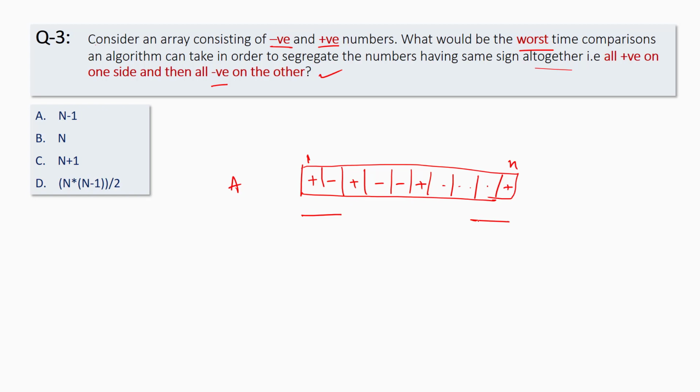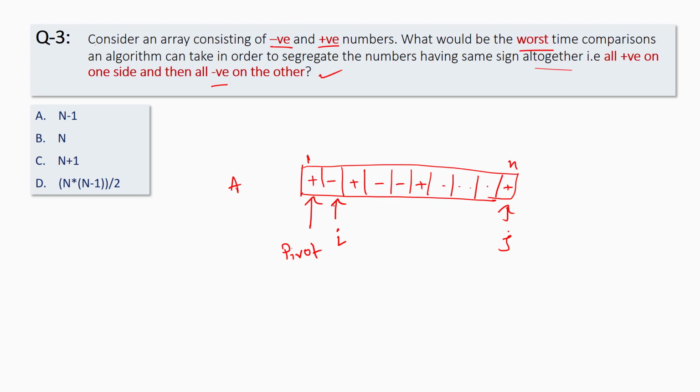So we can consider this is a partitioning problem, and we can use the partitioning algorithm of quicksort. So we can take the leftmost element as our pivot element, the second element as our left pointer i, and the nth element as our rightmost pointer j.